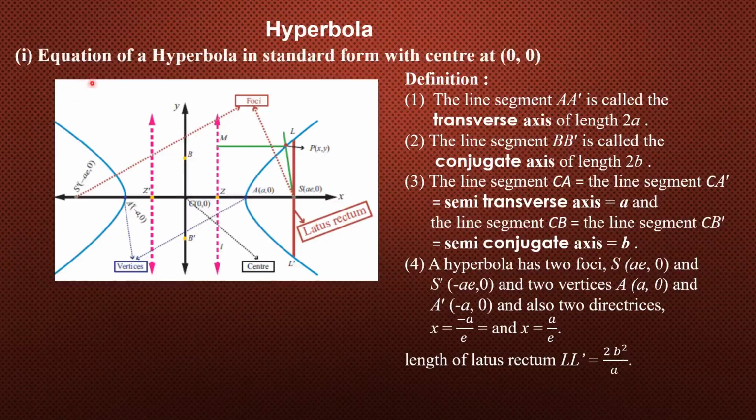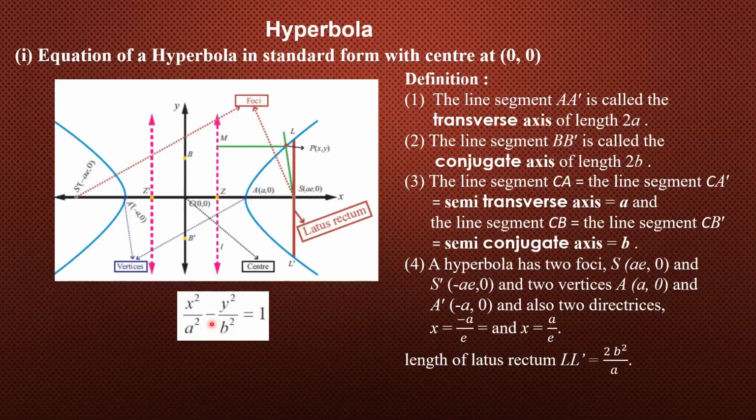Now we are going to see the equation of a hyperbola in standard form with center at (0, 0). See this, here the center is at the origin. At that time the equation of the hyperbola is x squared by a squared minus y squared by b squared equal to 1. If we have a plus sign here, it is called an ellipse.